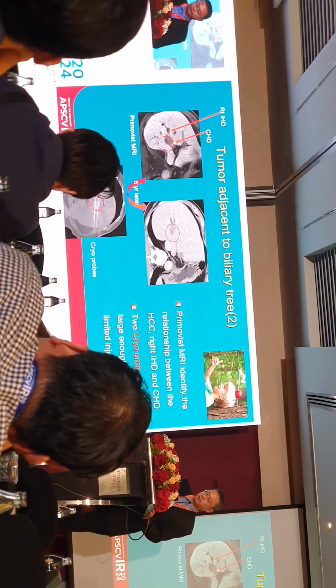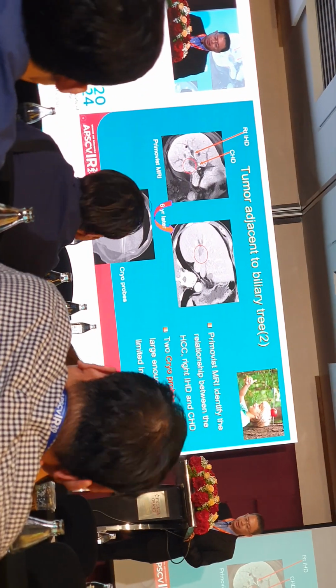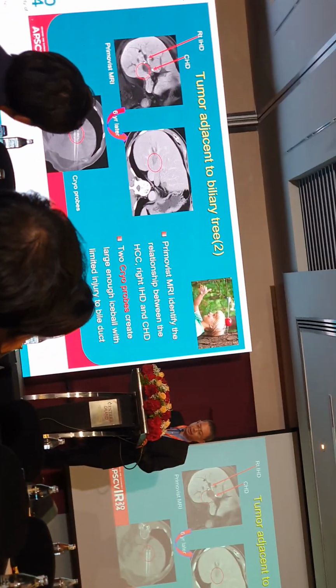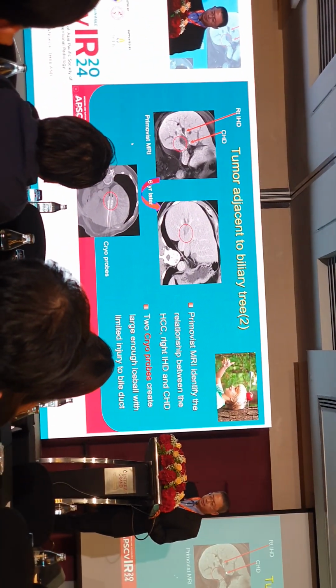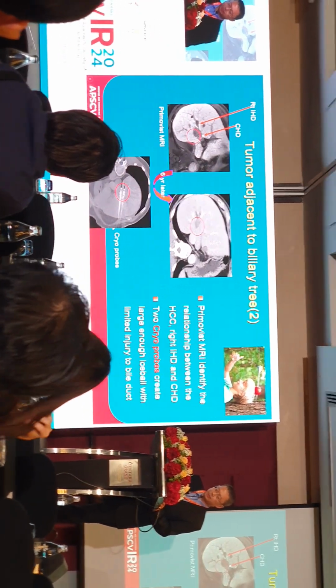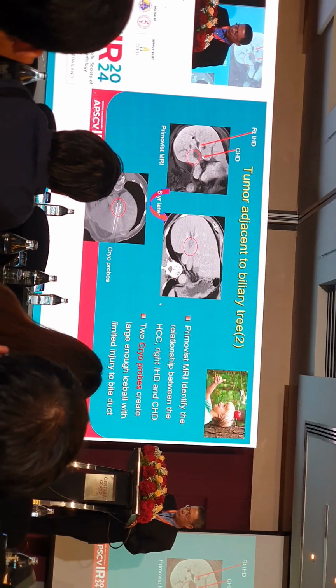Another choice for the lesion near the bile duct is cryoablation. This is pre-operative MRI. We can see the tumor just posterior to the right IHD and the CHD. After the lipiodol TA, we can clearly see the tumor, and insert the cryo probe from inferior to superior.